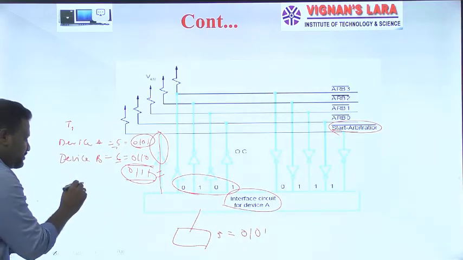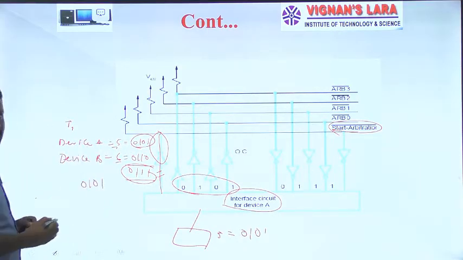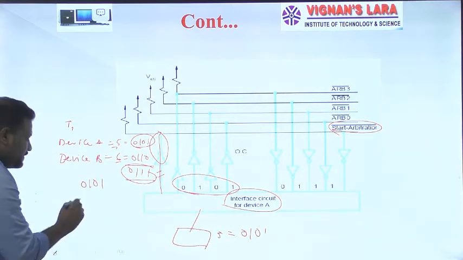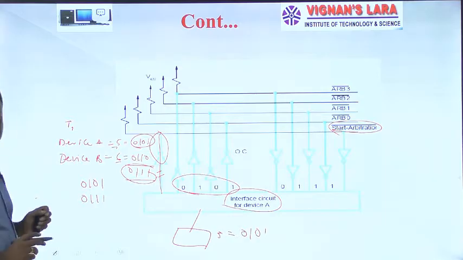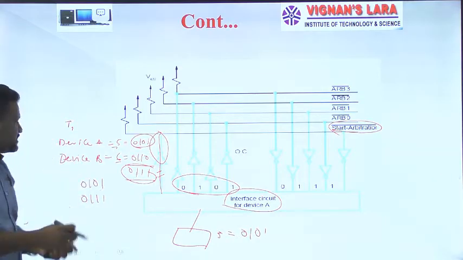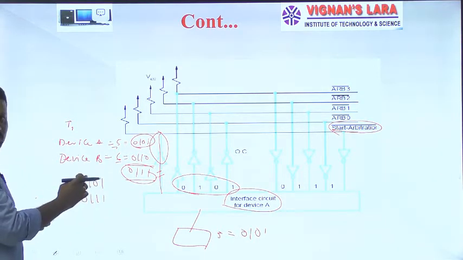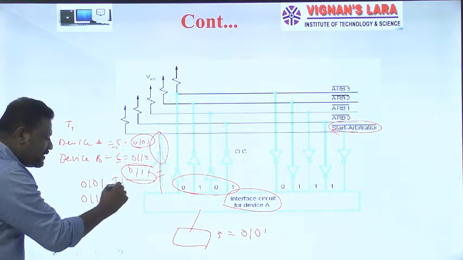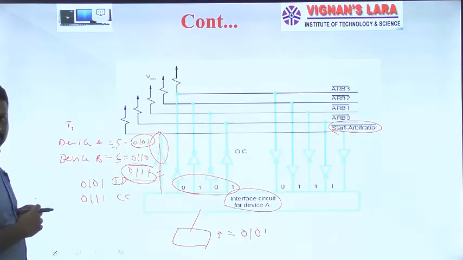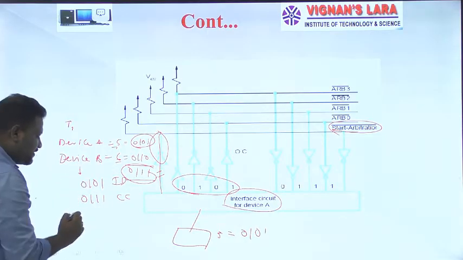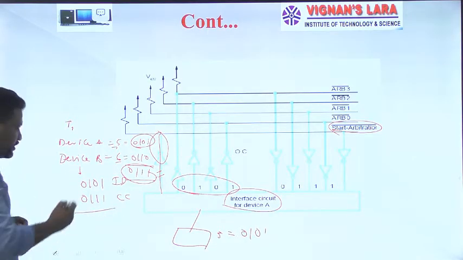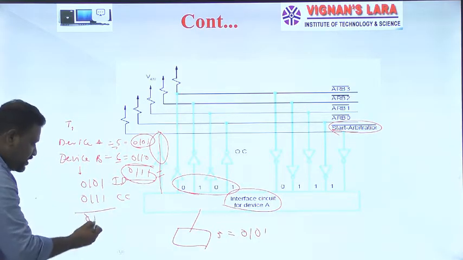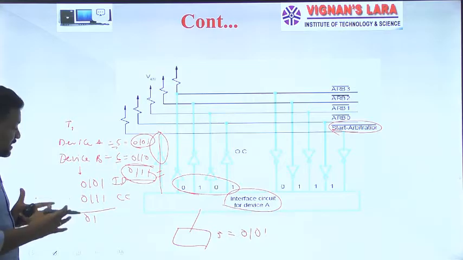Its identification number is 0101, and the consolidated code is 0111. So device A compares its ID number with the consolidated code, from the most significant bit onwards. Here both the bits are the same, so it does nothing. Here also both bits are the same, so we do nothing.